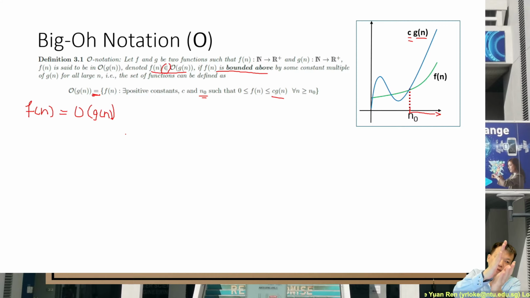In other words, after a certain point, your c g(n) grows a lot faster than f(n). f(n) has no way to catch up. In that situation, you can say f(n) is in O(g(n)).